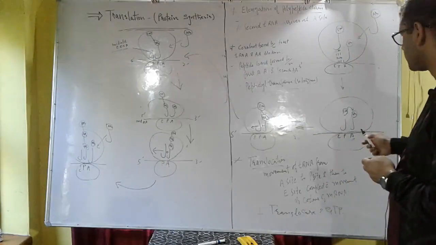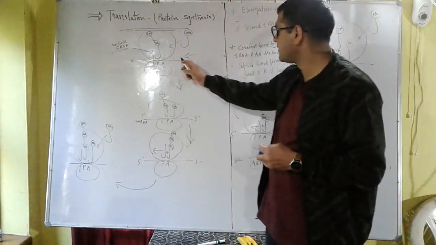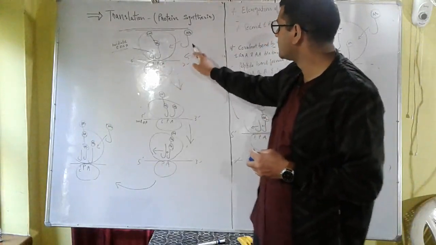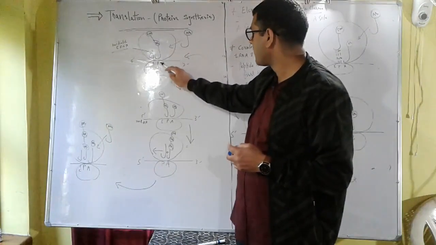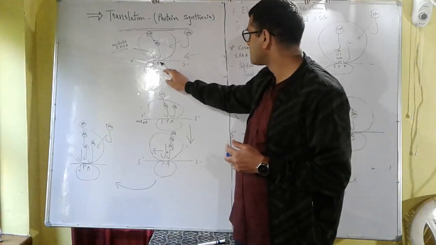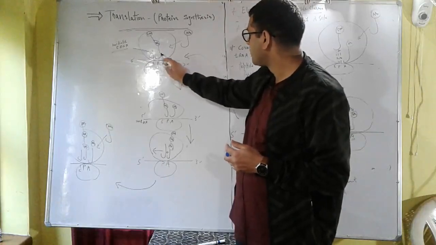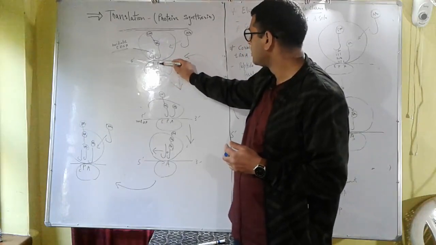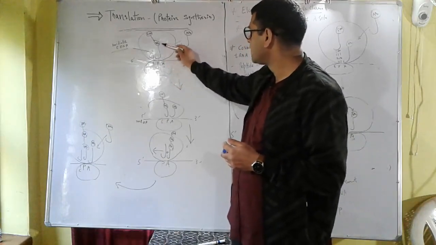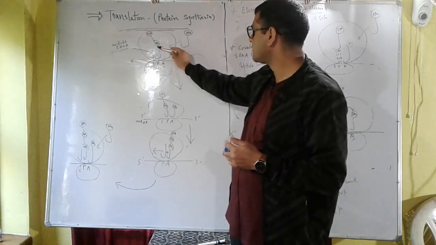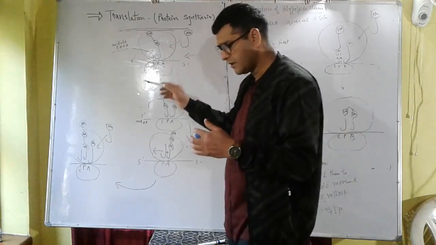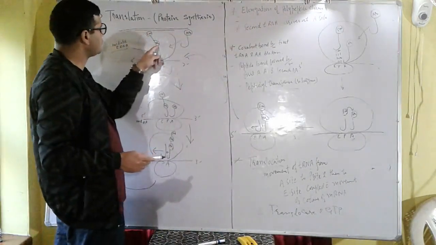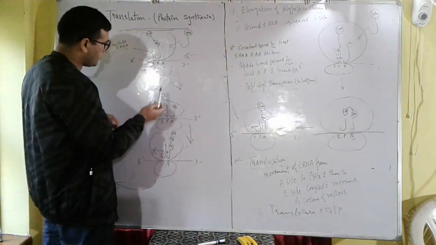The next step is that the next tRNA will come at the A site, but the tRNA present at the P site gets shifted to the E site. Prior to that, there is breaking of the covalent bond between the tRNA and its amino acid.